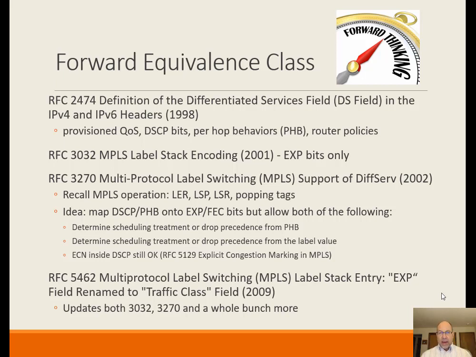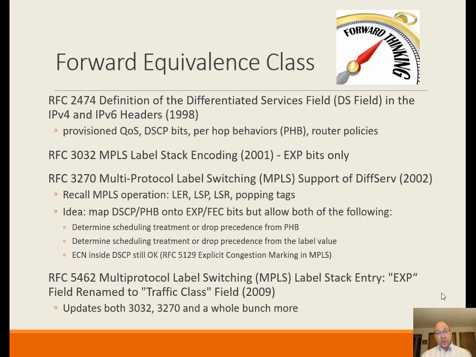And so all of my handling is based on that alone. Or I can have an additional forwarding equivalence class value, some kind of type length value we'll talk about here in a second, that indicates some additional bits that I'm going to use for this. And so that's what those 2 things there at the bottom are talking about.